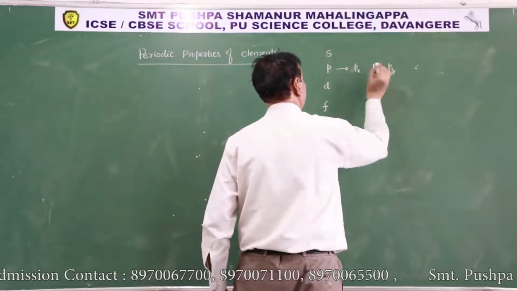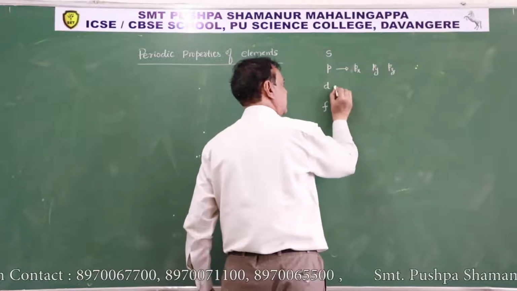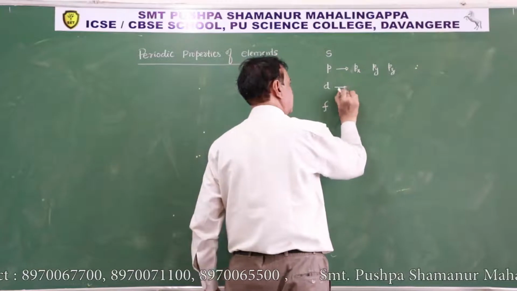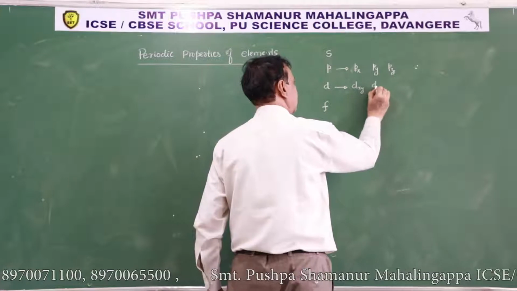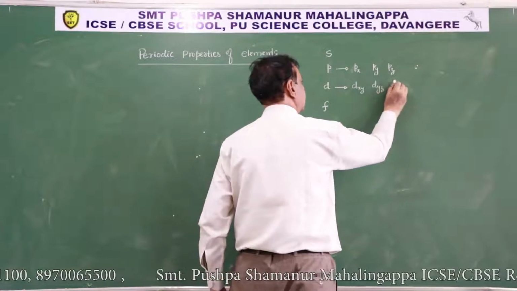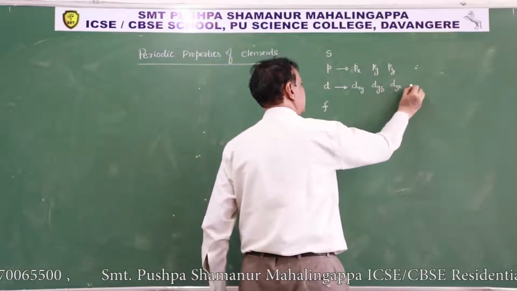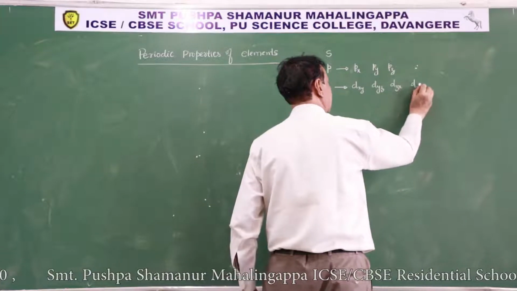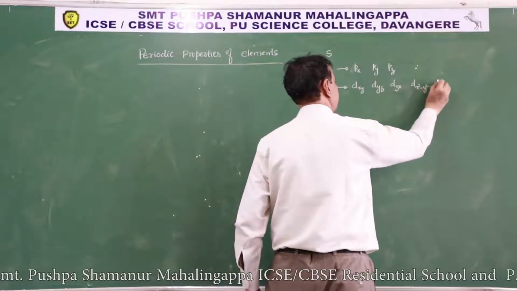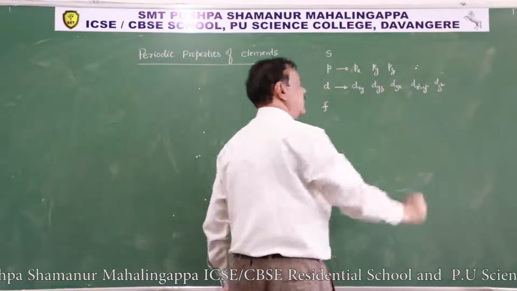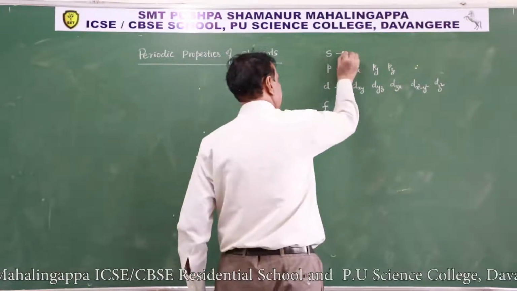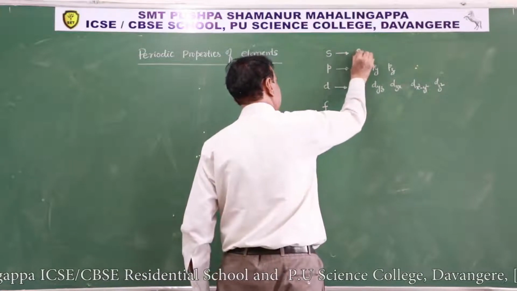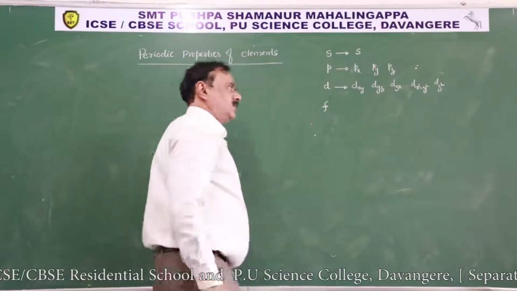And D atomic orbitals are classified into 5 subatomic orbitals: dxy, dyz, dzx, dx square minus y square and dz square. And S has only one atomic orbital, that is the small letter s itself.